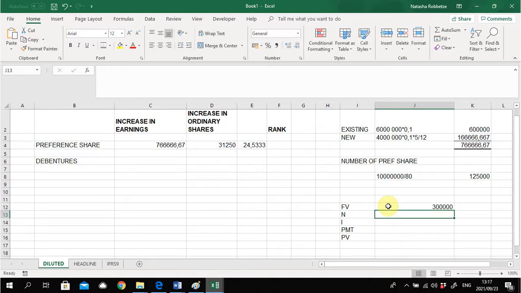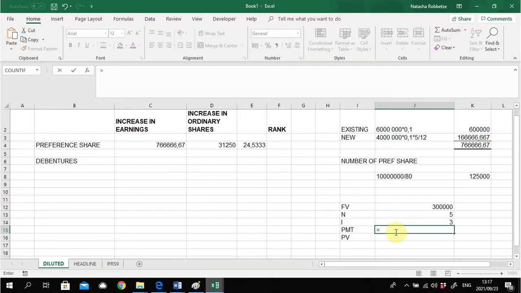Then for the time, they say that the issuance is on 1st January 2020 and it will mature on 31st December 2024. So the first year would be end December 2020, then December 21, December 22, December 23, December 24, and that gives me a total of 5 years. The market-related rate was given as 3%.